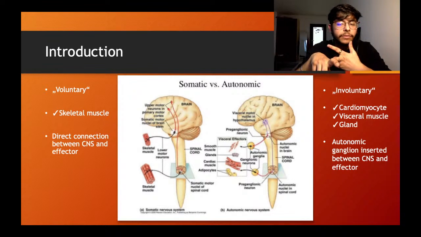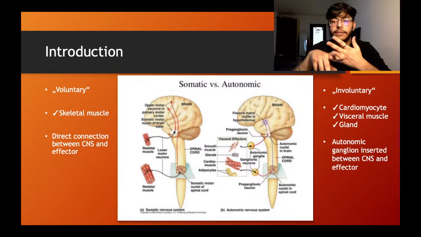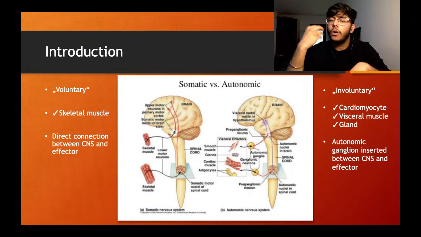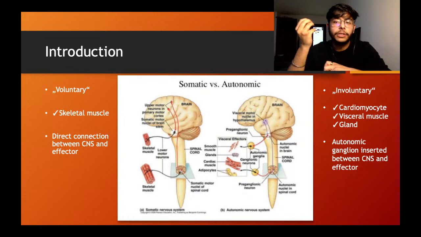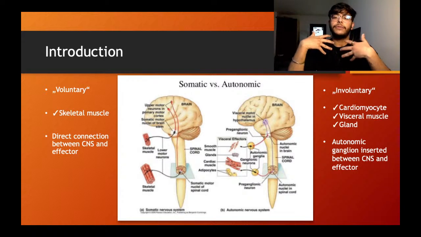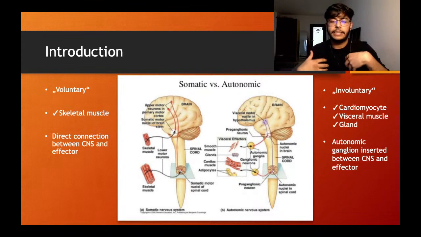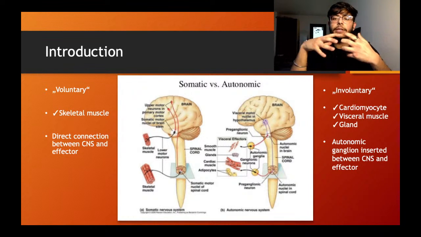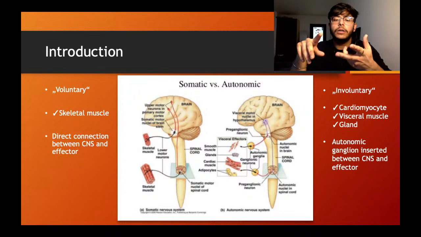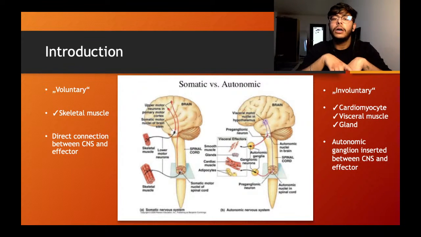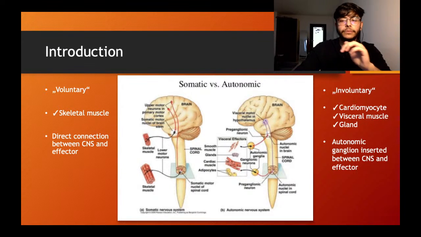Evolution, behavioral characteristics, survival of the fittest, etc. All of these things have something innate to do with the autonomic nervous system. Most of its effects are on the visceral body, which is basically the inside. So most of the internal organs, most of the vasculature, and definitely most of the glands.